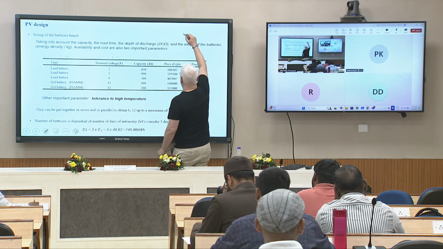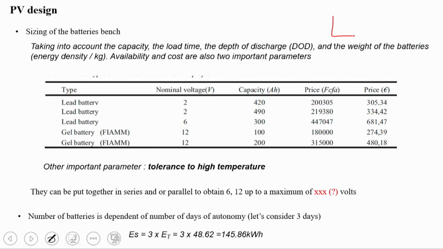As I remind you, if I have two batteries in series, I take this one, 6 volt, 300 ampere hour.